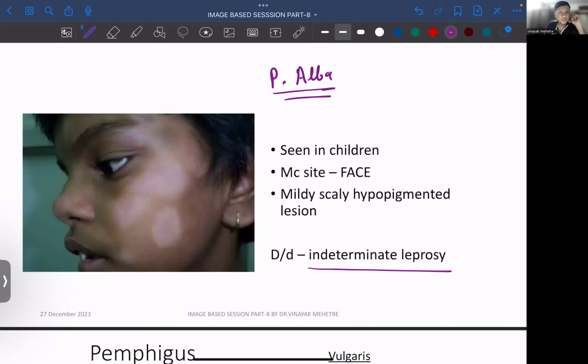One image, two possible questions, just by adding one word: no sensation or sensation. If there is sensation, the answer is pityriasis alba. Both have been asked, with the exact same image, two times.